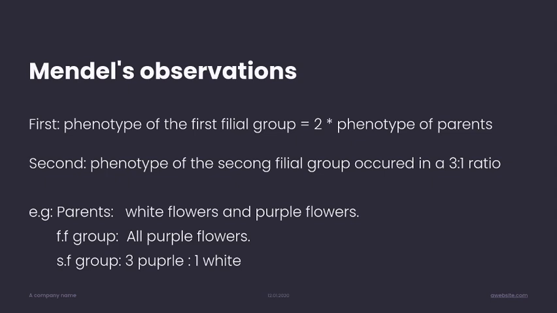The second observation talks about the second filial group, or the second line of offspring. That results from the mating of the first filial group together. The result was that every 3 purple flowers had 1 white flower in return. So the overall ratio is 3 purple to 1 white, or 75% purple and 25% white.